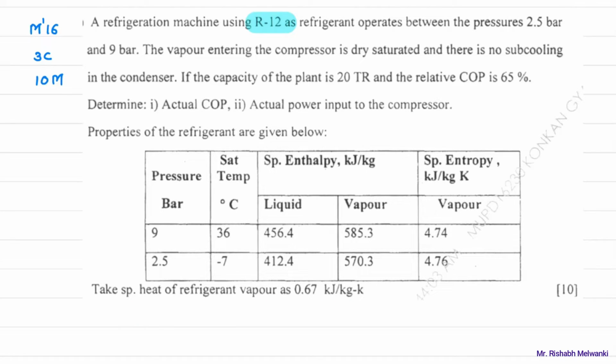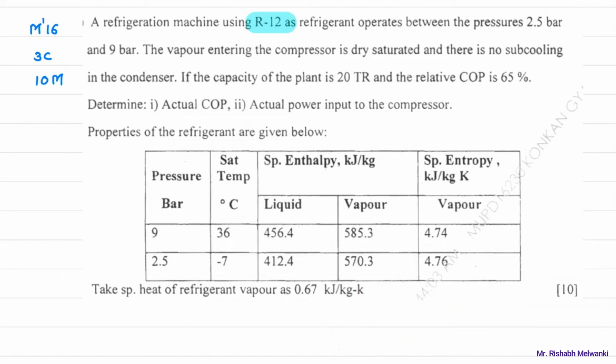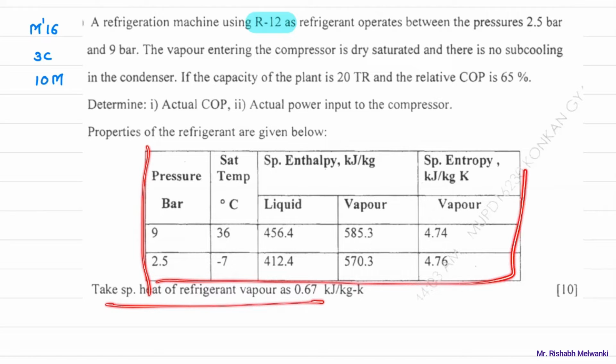Now here you need to understand, the first question which should arise in your mind is, when should we use the table and when should we use the pH chart. Here the specific heat value is given, meaning Cp of vapor is given. Whenever Cp of vapor or Cp of liquid is given, in that case we have to use the refrigerant table.